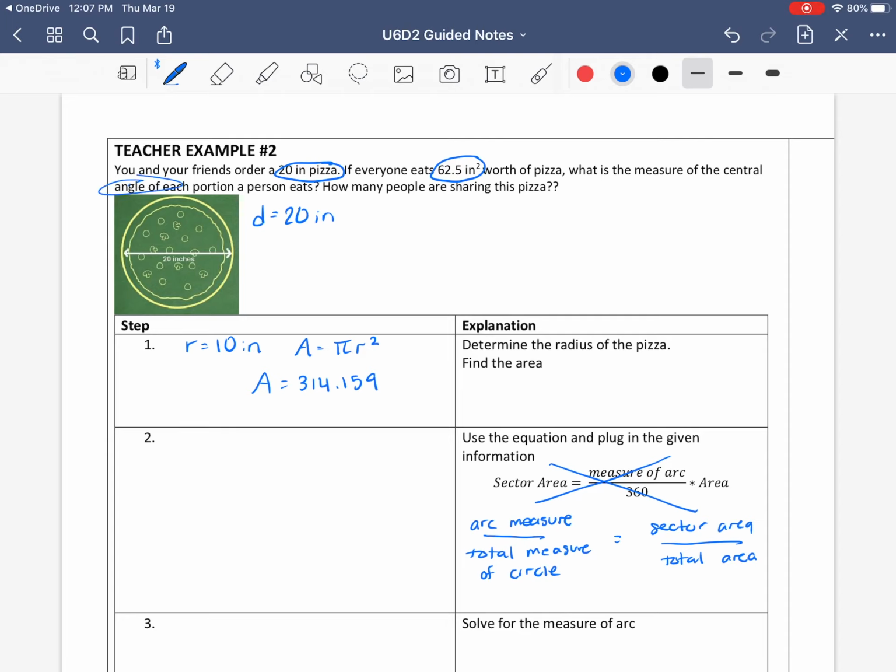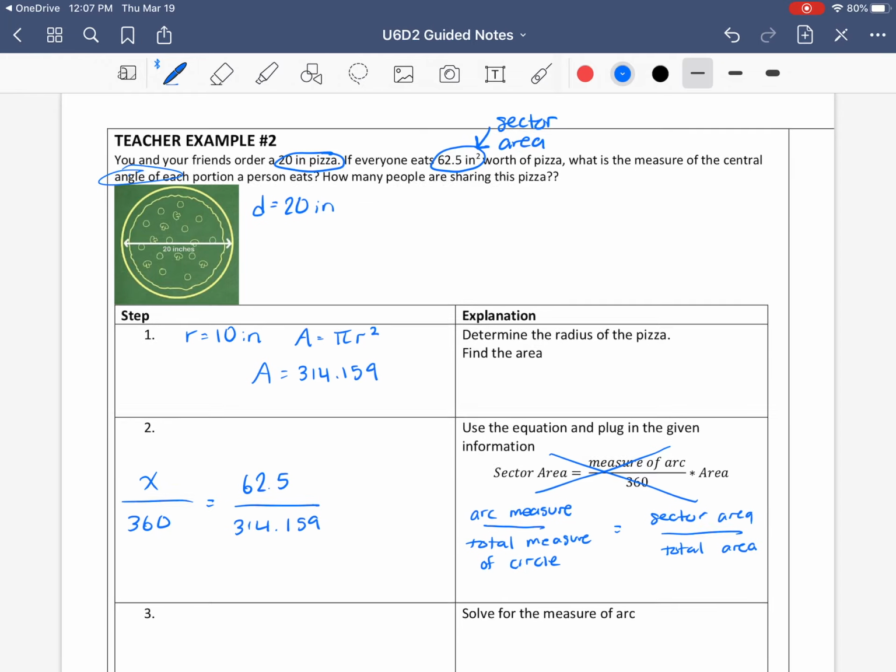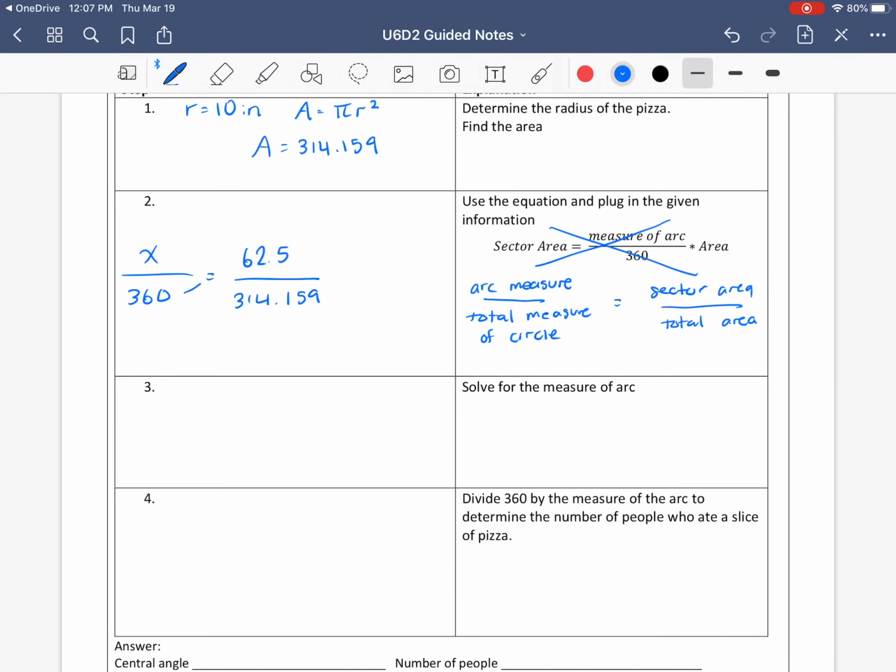So in this case, we're looking for the central angle of each portion, right? So our arc measure is what we don't know. That will become our x value. All circles have 360 degrees. We are given that the sector area, the amount that each person eats, is right here, 62.5, and that the total area is 314.159. So again, we have a proportion that we can solve by cross multiplying.